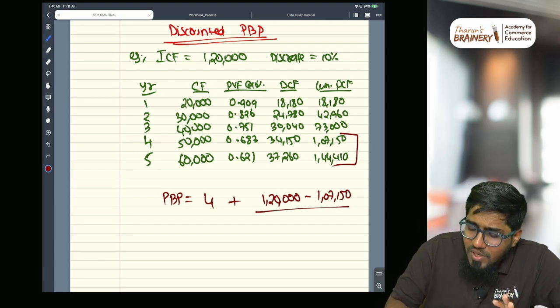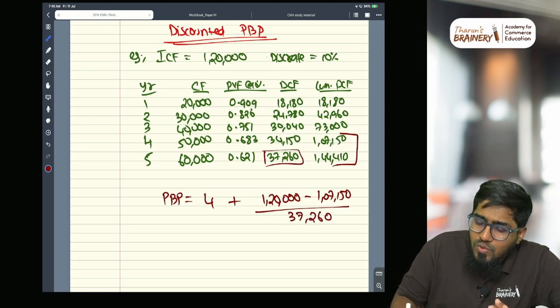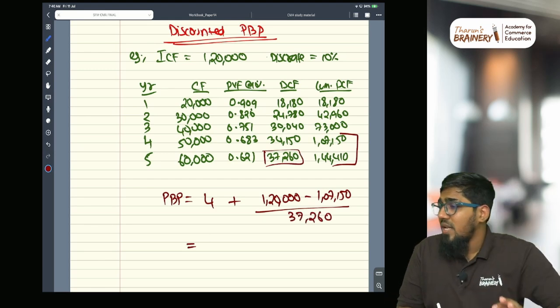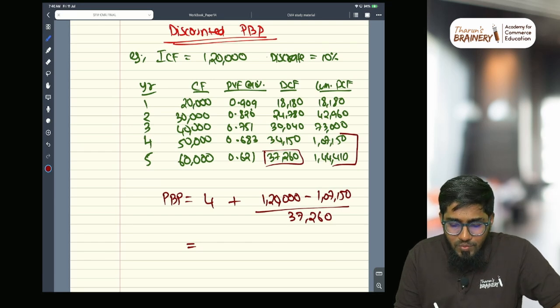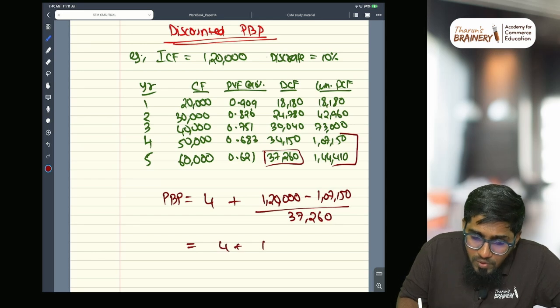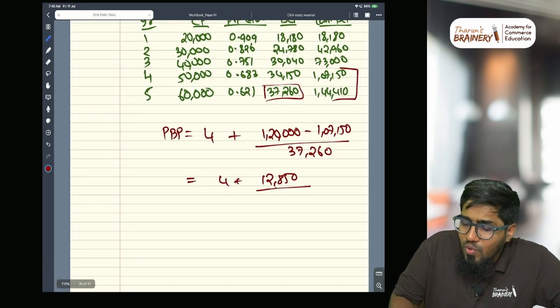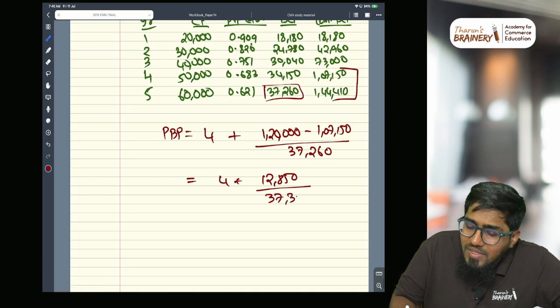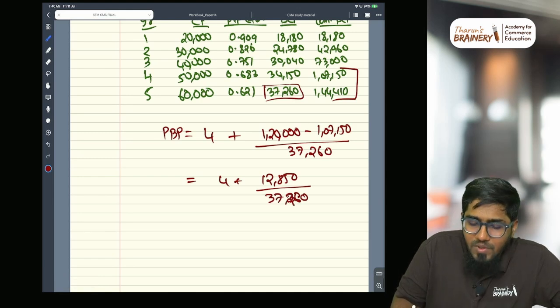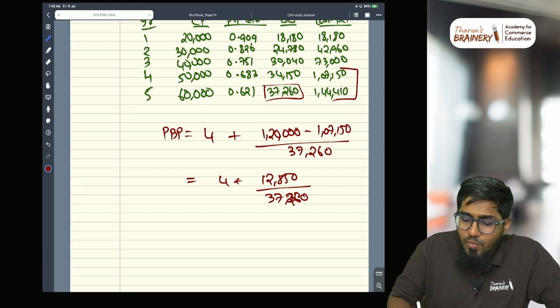Now this extra amount I want to recover from which amount? I want to recover this from 37,260. So what is 1,20,000 minus 1,07,150? I am getting 4 plus, I want to recover 12,850 more. This 12,850 I want to recover out of 37,260, so divided by 37,260, how much am I getting? 0.34.